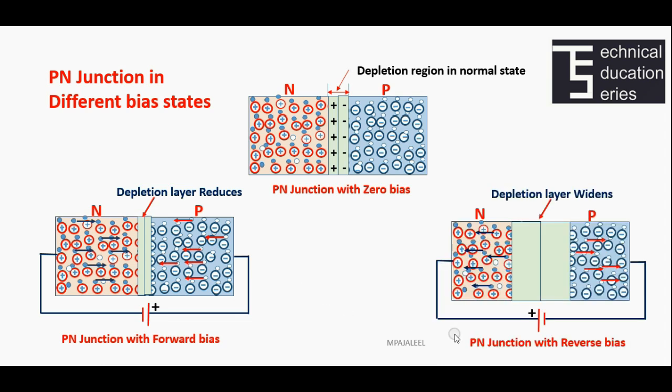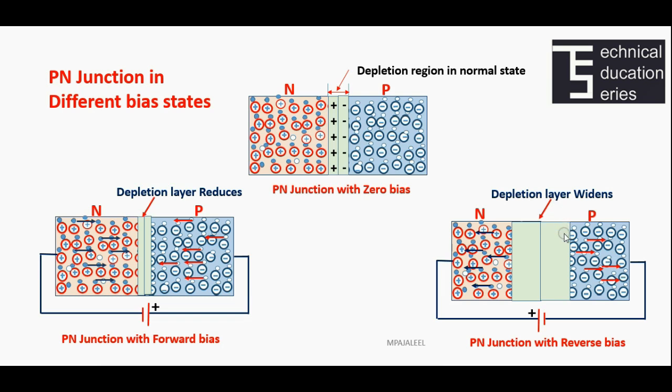And if the PN junction is applied with an external voltage of polarity as positive to the N-type semiconductor and negative to the P-type semiconductor, the junction is said to be in reverse bias. In this case, the positive terminal of the battery attracts the electrons from the N region, whereas the negative terminal of the battery attracts holes from the P region, so that both holes and electrons will move away from the junction, so that the depletion layer will be widened.